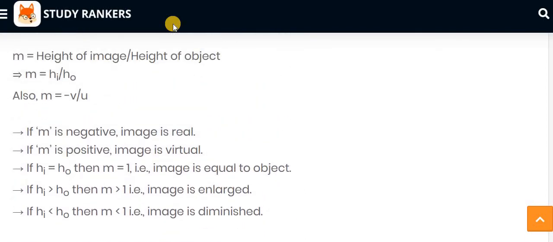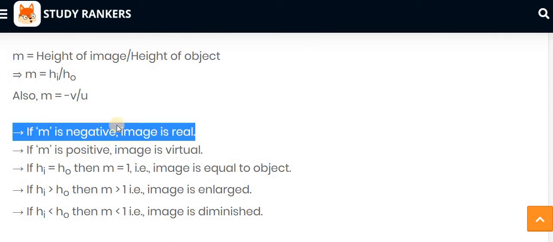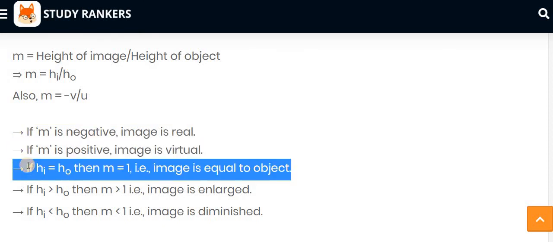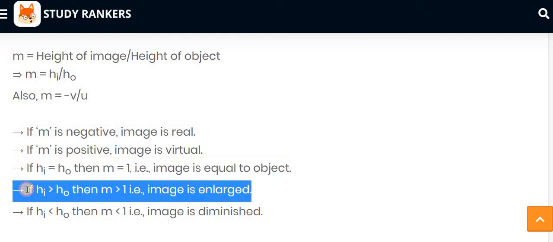Let's revise one more time. If m is negative, then the image is real. If m is positive, then the image is virtual. If hi is equal to ho, that means we get a same size image as the object, and if hi is greater than ho, then m is greater than 1, meaning the image is larger than the object.